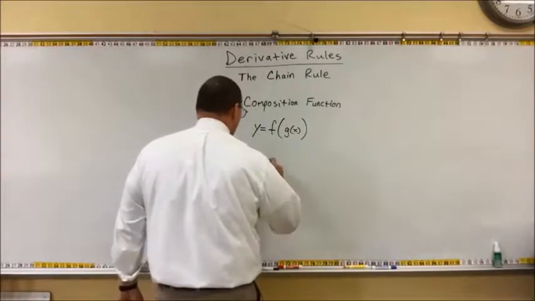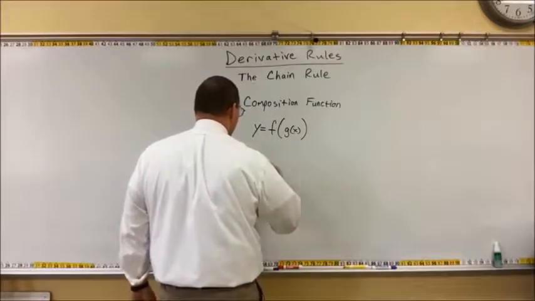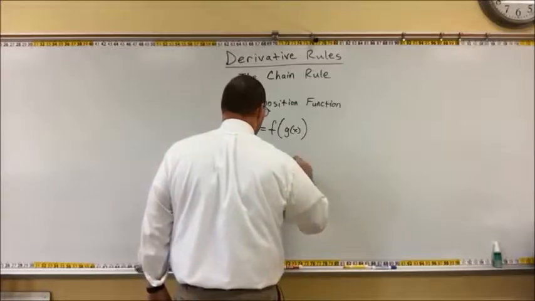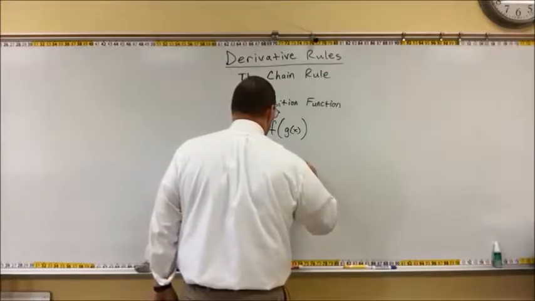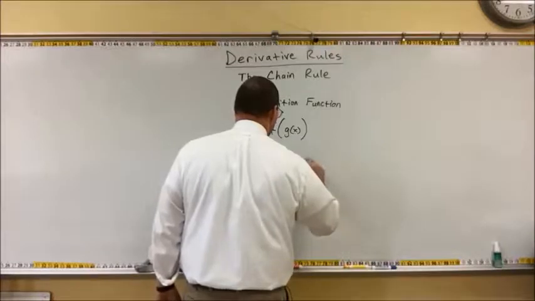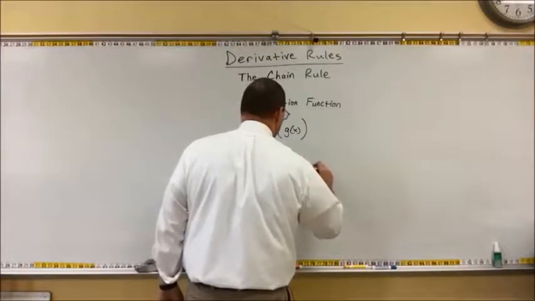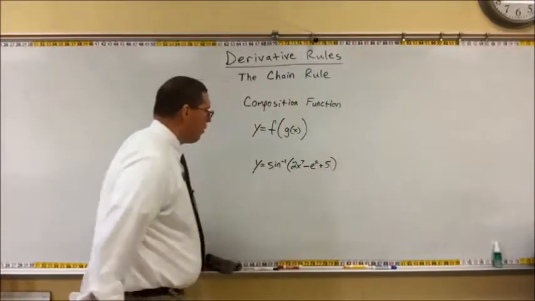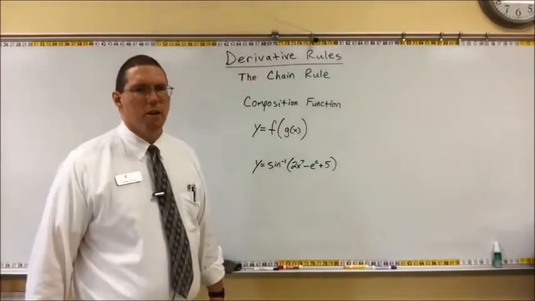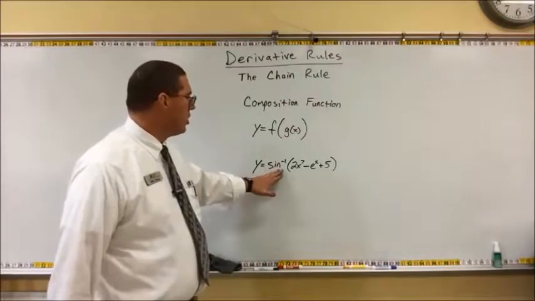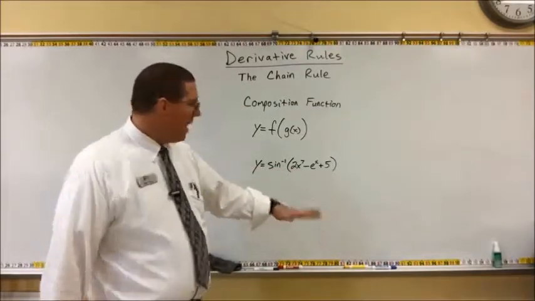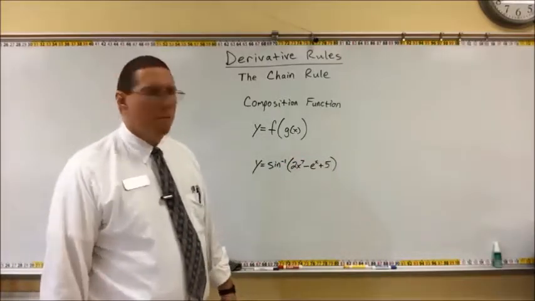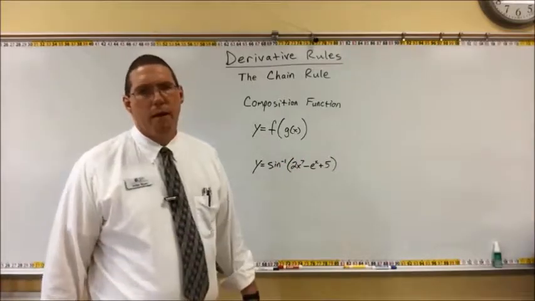How about, what if we had y is equal to sine inverse of 2x to the 7th power minus e to the x plus 5. That's pretty crazy, isn't it? It's really crazy looking. Look at this. Normally we just see sine inverse of x. But now we have sine inverse of this trinomial weird thing with polynomials and exponents, right?